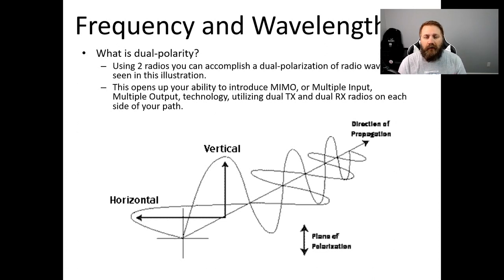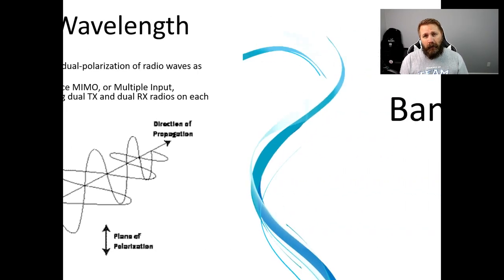This gives us all kinds of new possibilities. We can do MIMO, dual TX, dual RX, and things like that. So just a little point, when we talk about MIMO, we talk about dual polarity. We're basically doing the same thing that all these single polarity radios used to do on a single plane, but we're doing it on dual planes at the same time.